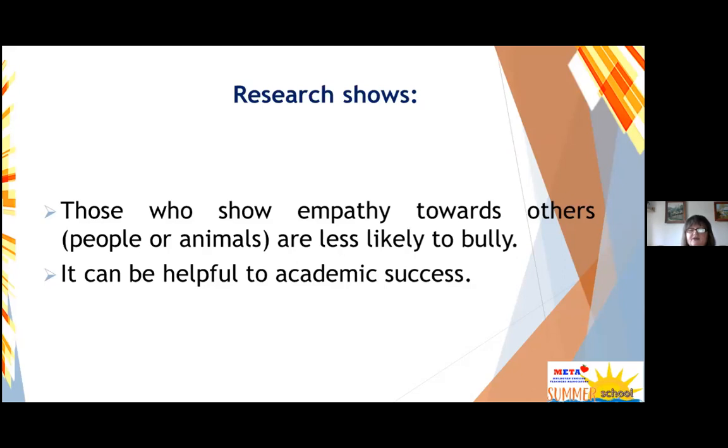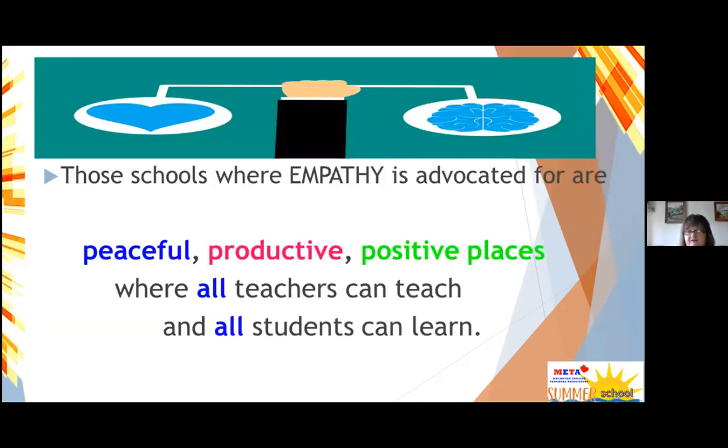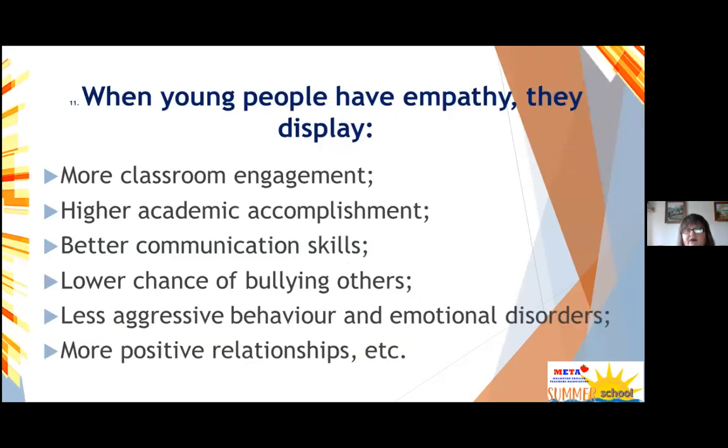That is, they learn how to collaborate with each other and not be very selfish. In fact, those schools where empathy is advocated for are peaceful, productive, positive places where all teachers can teach and all students can learn. All right.